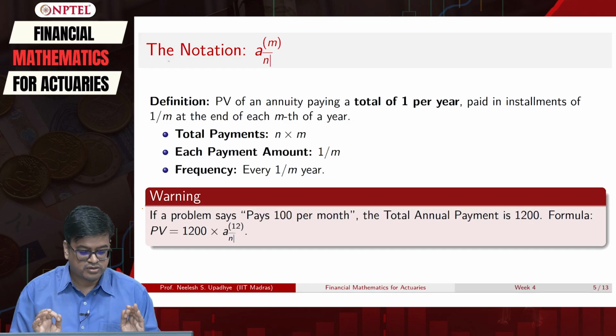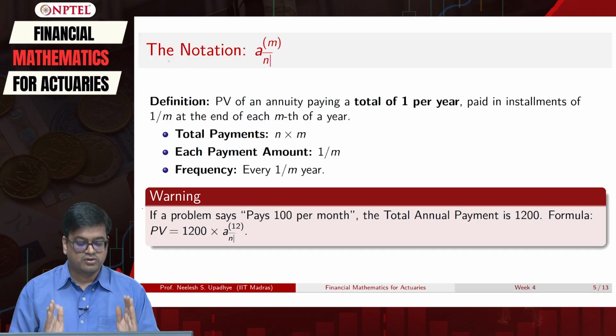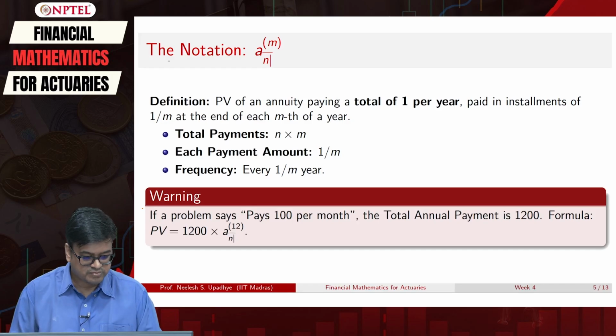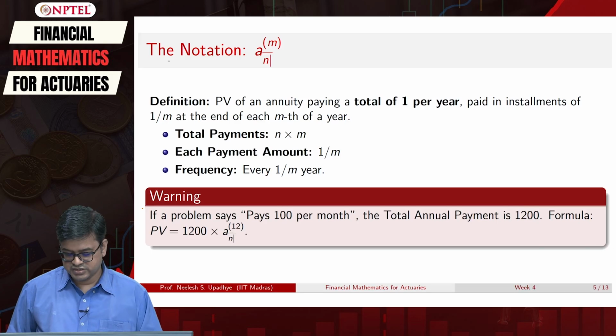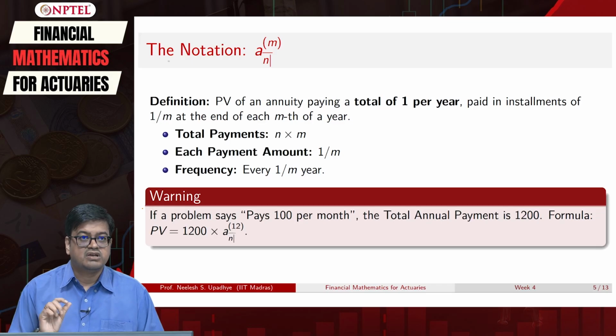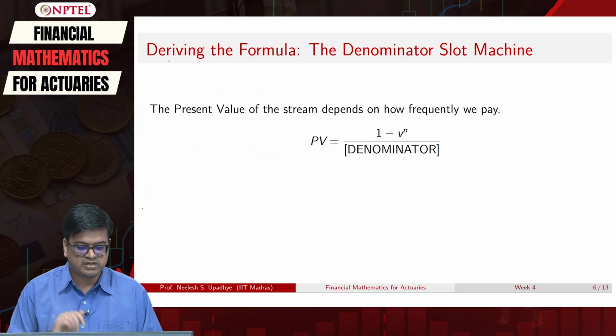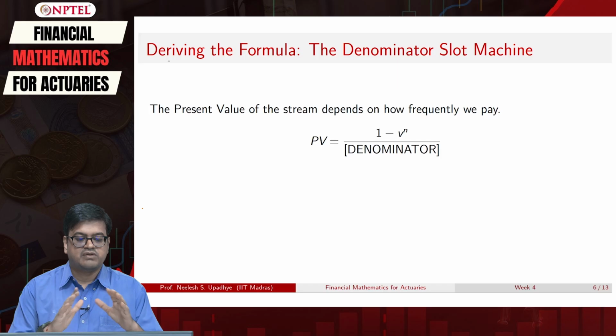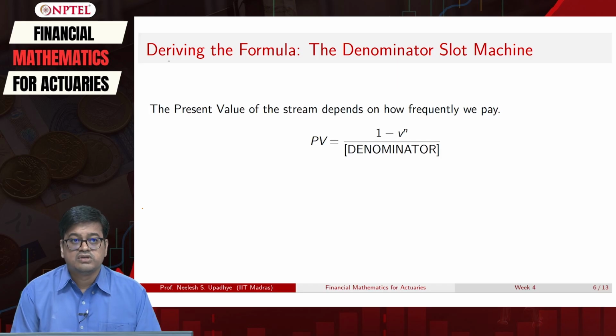So, this is what we meant, and now we will derive this formula or see the intuition behind this formula for better clarity. Let us look at this formula and design our denominator slot machine that we have proposed. Whenever you are computing present value, the present value is inevitably the sum of a geometric series, correct?